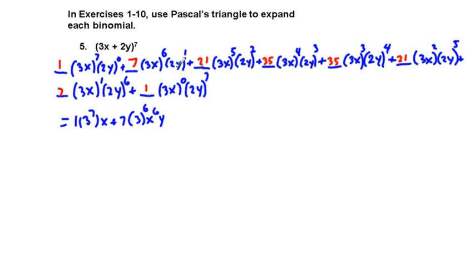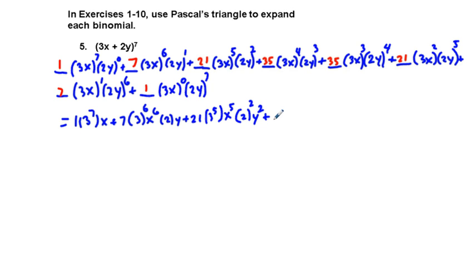We got 2y to the 1st power, so that's going to be times 2 times y, plus we're going to have 21, we're going to have 3 to the 5th power, x to the 5th, 2 squared, and y squared.